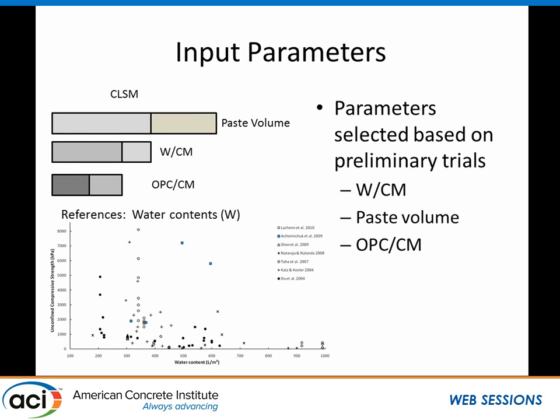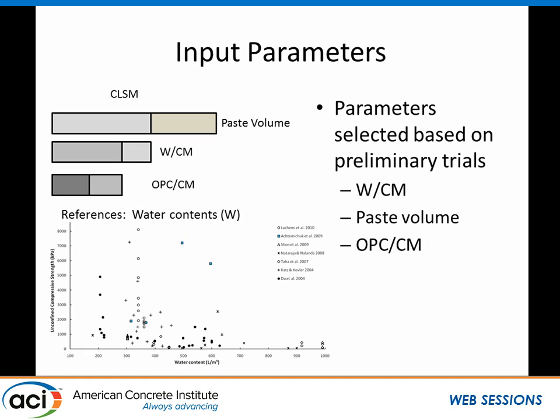There was a lot of experimental work done to get started on this, and we certainly looked at the literature to see what we could learn. Early on we came up with a strategic approach that looked at three basic parameters to guide us through this process. First, there was an observation that paste volume was very important for the flowability of these materials.